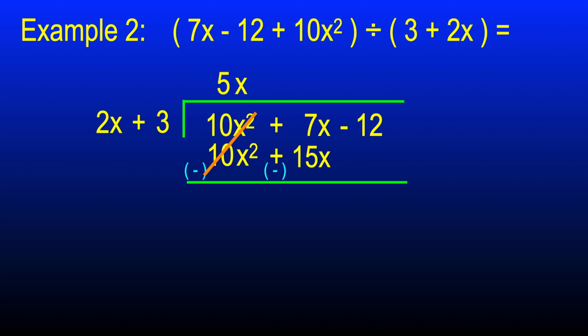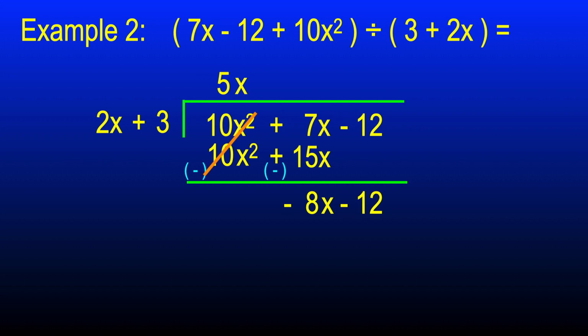So, magkaiba ng signs. Si 7 is positive, si 15 is negative. So, subtract. 15 minus 7 is 8. Copy lang si x. Copy the sign of the bigger number. So, si 15 yung malaki. Ang sign ni 15 is negative. So, copy negative. Saka natin i-bring down yung next term, yung negative 12.